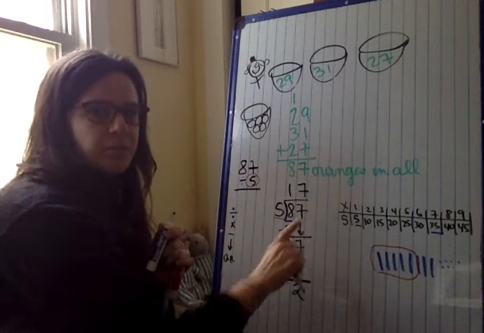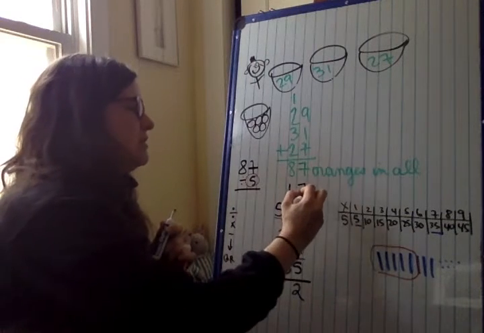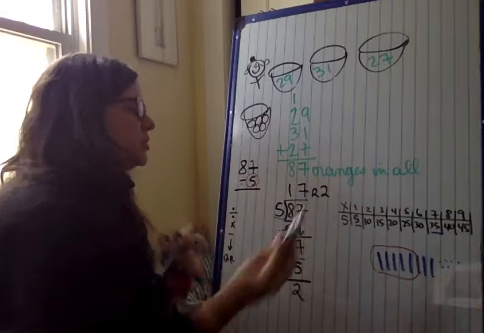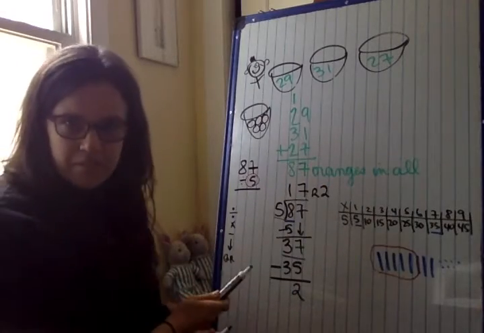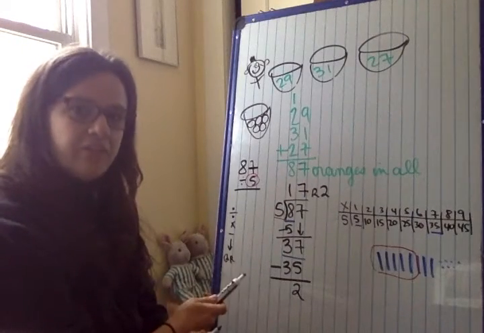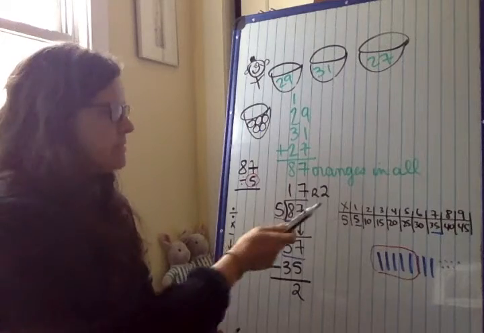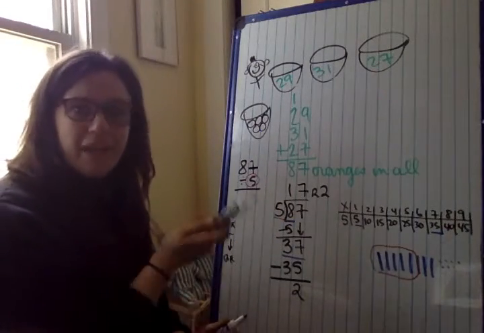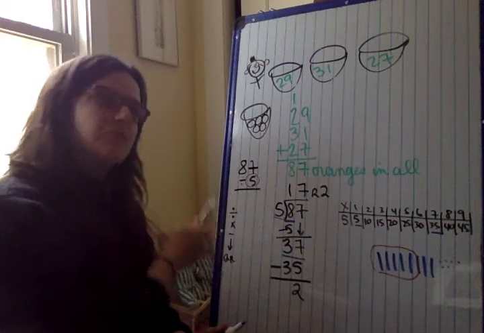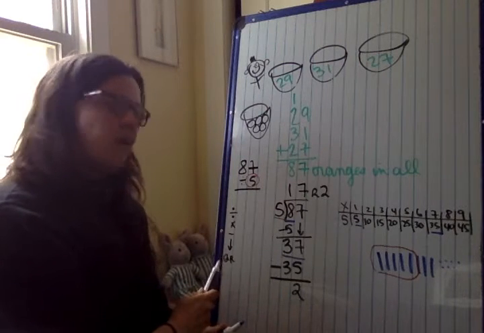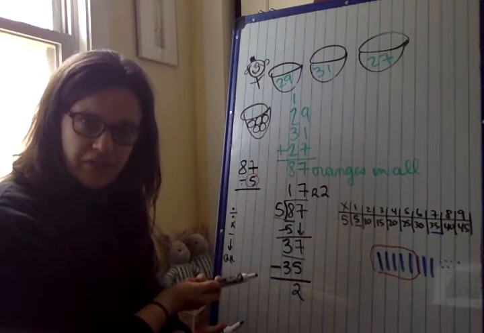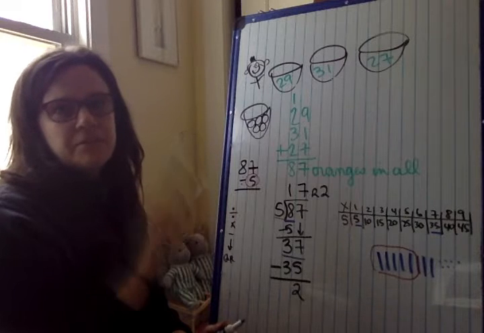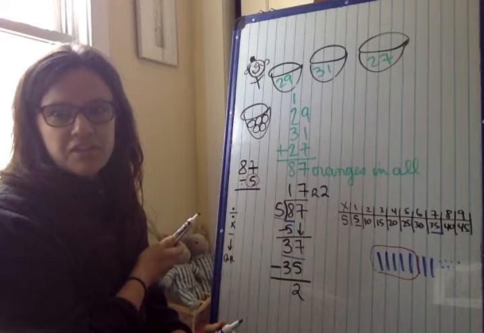There's no other number to bring down. That's my remainder. I am done. So there will be 17 baskets that have 5 oranges in them. But then with these 2 leftovers, I'm going to actually have to put those into those other baskets. So it seems like I'll just have 15 baskets with 5 in each. And then baskets number 16 and 17 will have 6 oranges in each.